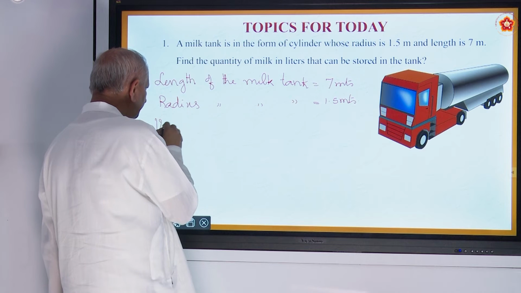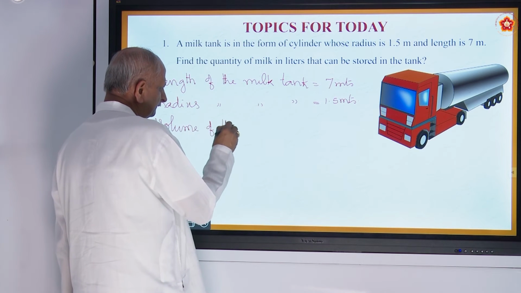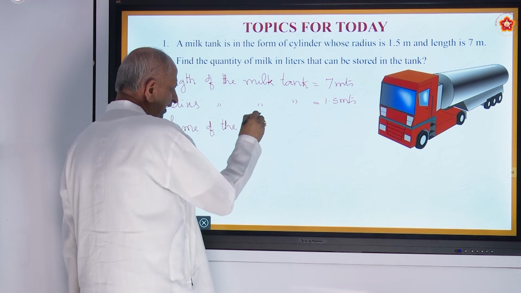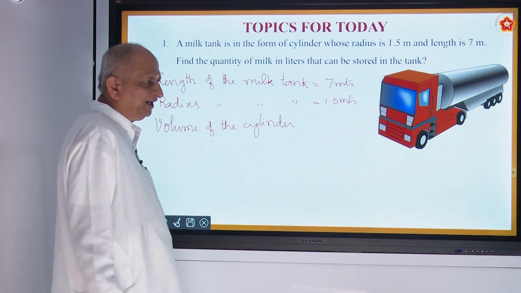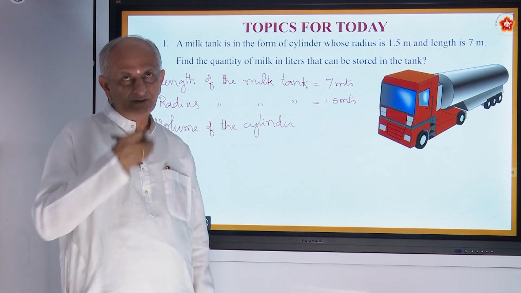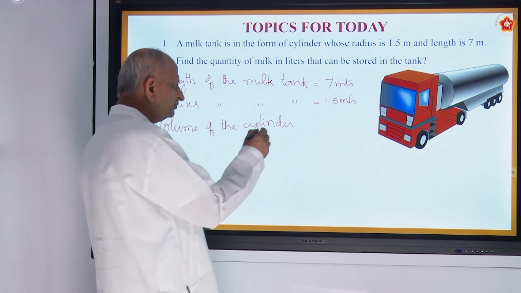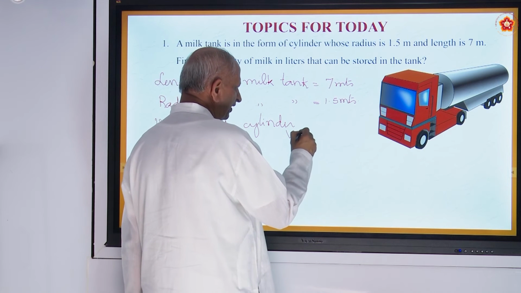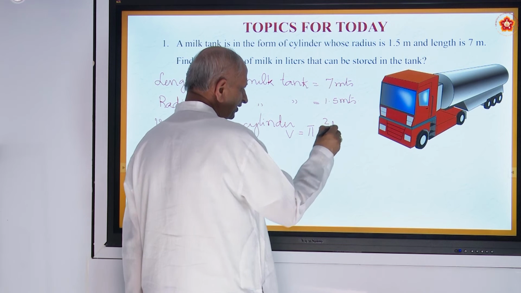So volume of the cylinder. In the previous class, we have seen the formula for surface area of the cylinder and also for volume. What is the formula? V equal to pi r square h.